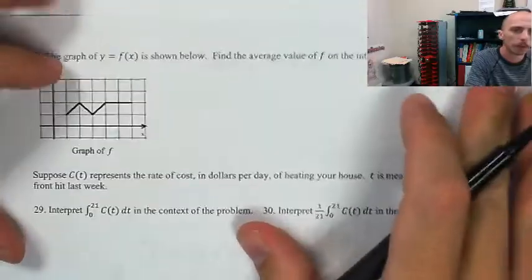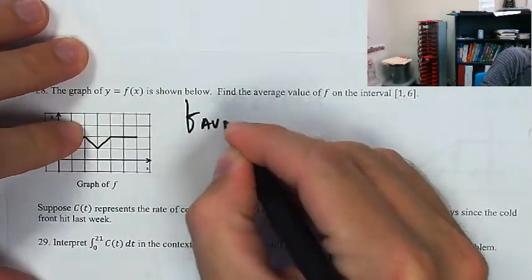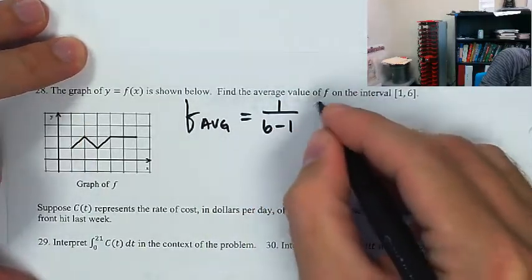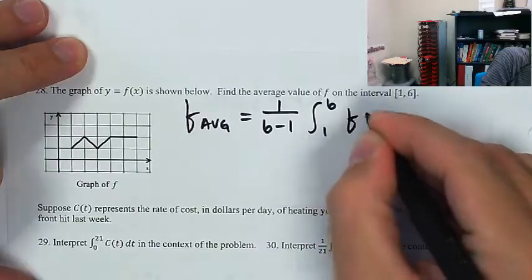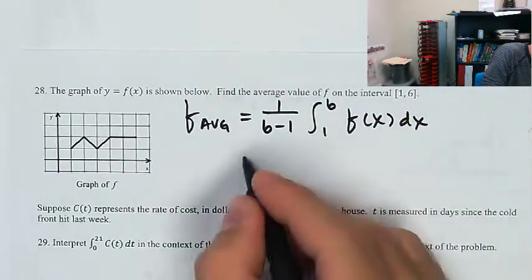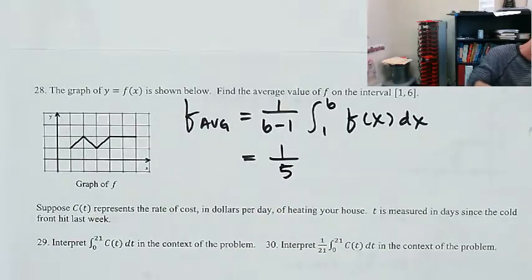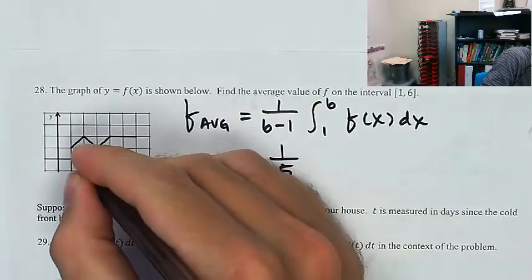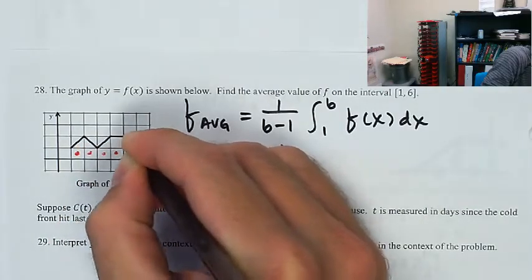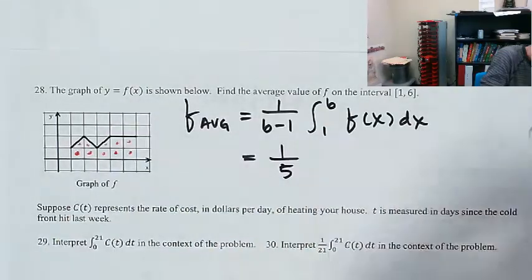All right, the graph of y equals f of x is shown below. Average value of f is going to be equal to 1 over 6 minus 1 times the integral from 1 to 6 of f of x dx. So what we need to do is just find out what is that area between 1 and 6. So 1, 2, 3, 4, 5, 6, 7, 8 and a half.